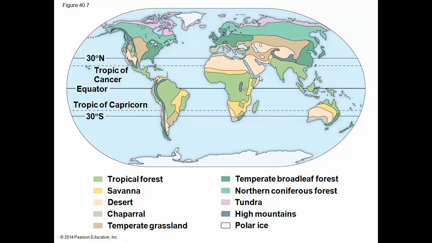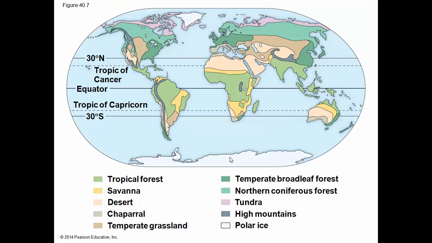High mountains can include the Rocky Mountains over in the western part of North America, the Andes in South America, or the Himalayan mountains in India. And then there's, of course, the polar ice. So we've got polar ice in Greenland and polar ice all over Antarctica.